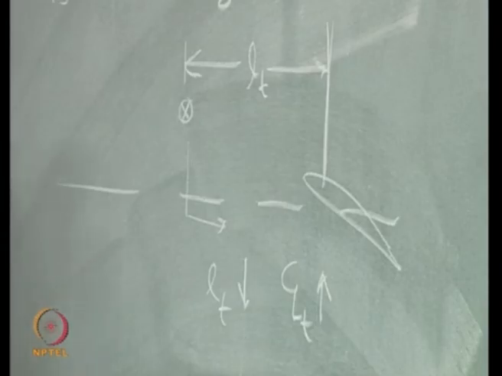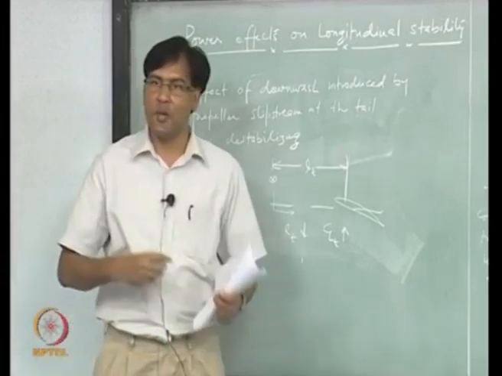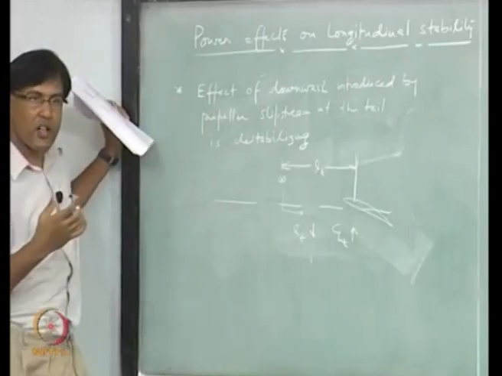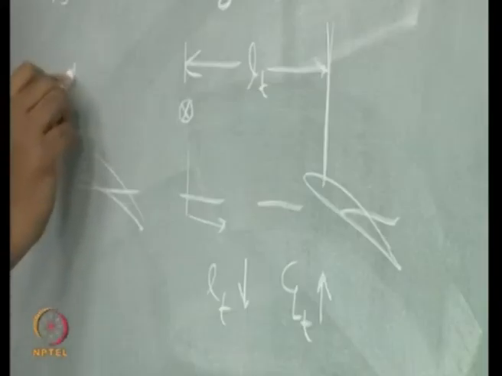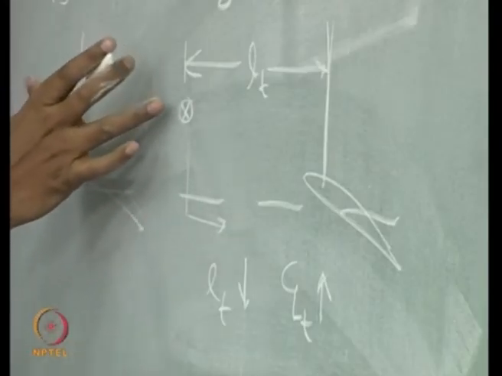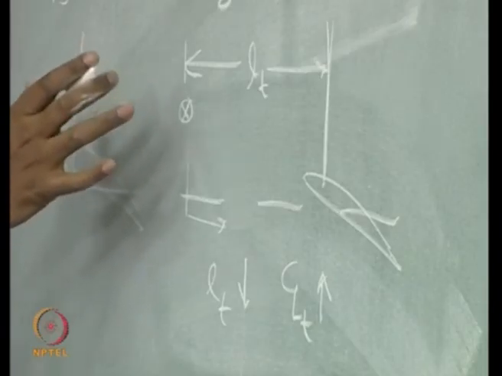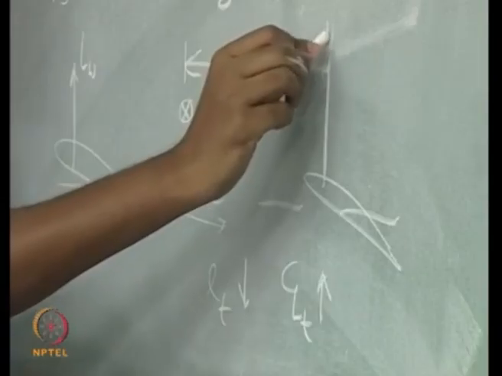Everybody sees that? No, how do you balance out the moment? So if you talk about only the wing contribution and the tail contribution, then it's LW into this distance, right, and this is a destabilizing effect, we know that. The stabilizing effect is coming because of the lift produced at the tail.